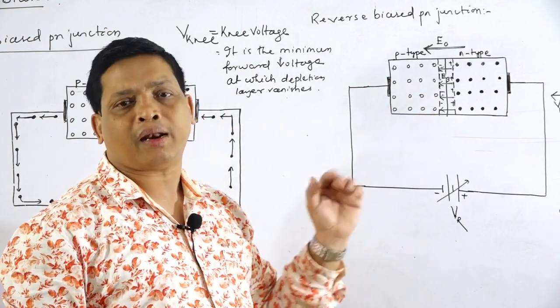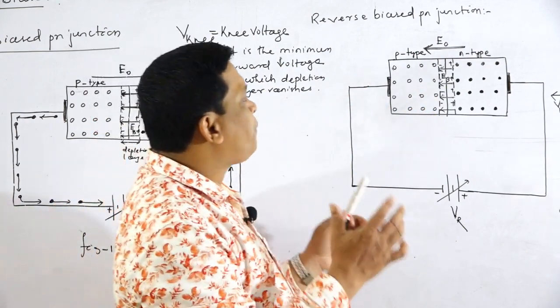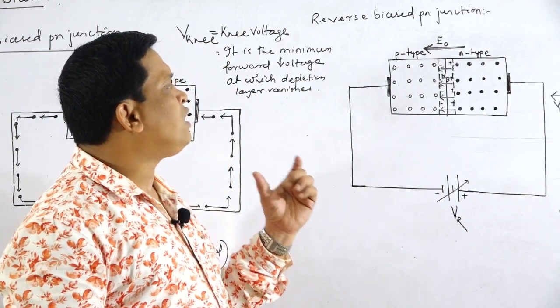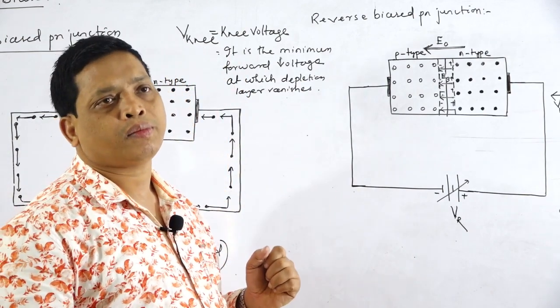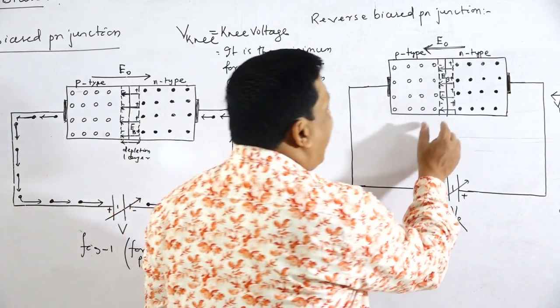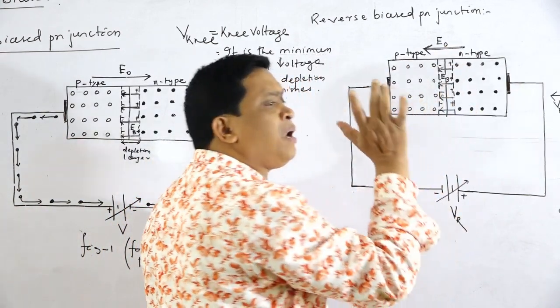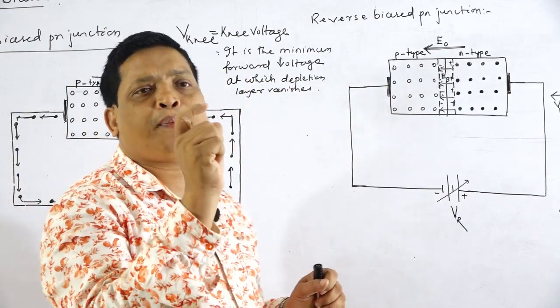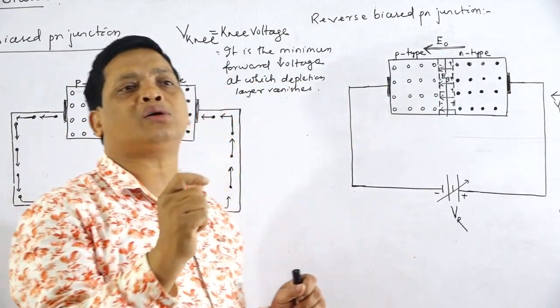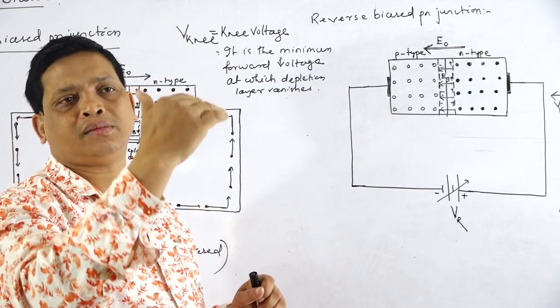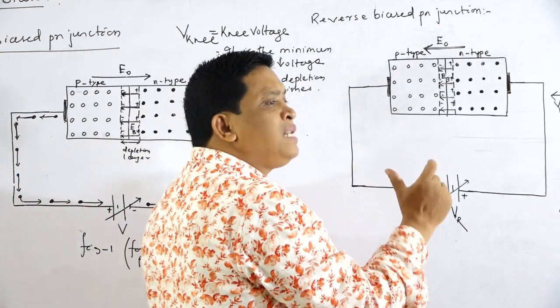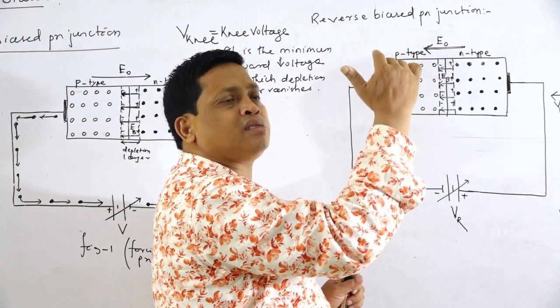They are parallel. Now what happens under reverse biasing condition? As the applied field and barrier field are parallel, the net field across the p-n junction increases, or the potential barrier increases.